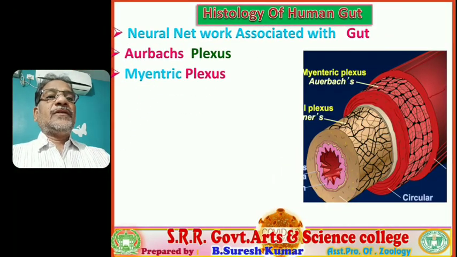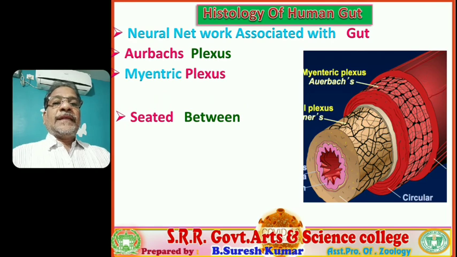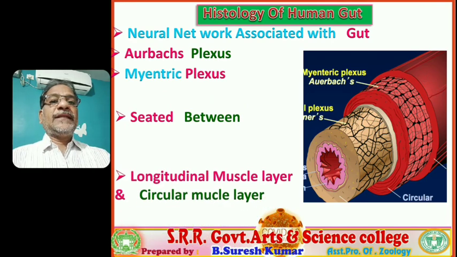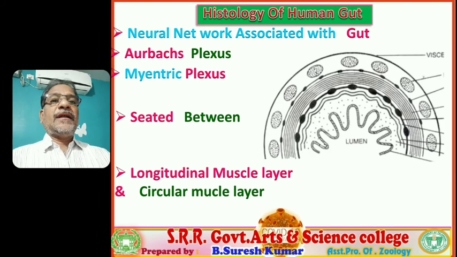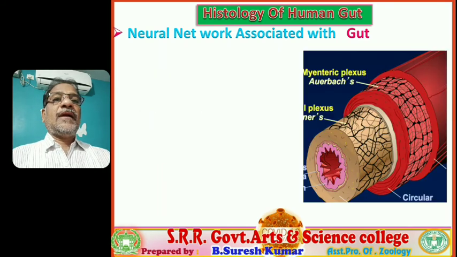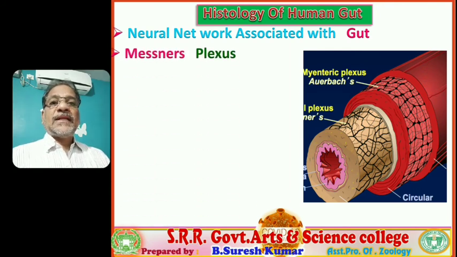Followed. So next, it's seated between the longitudinal muscle layer and the circular muscle layer. You can observe the neural network, Auerbach's plexus, in this visual also. This is Auerbach's plexus. And next, the subsequent network, the sympathetic network, Meissner's plexus. The sympathetic network is actually an excitatory network, but on the alimentary canal it shows reduced function, in reverse fashion.